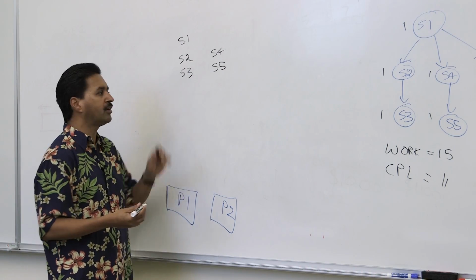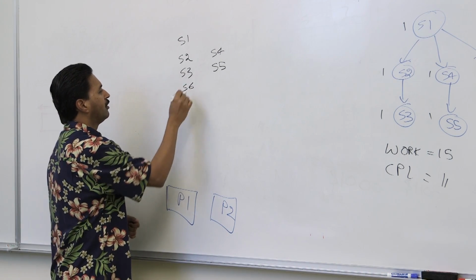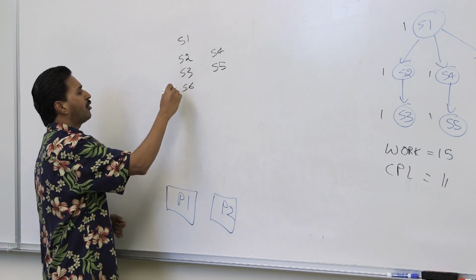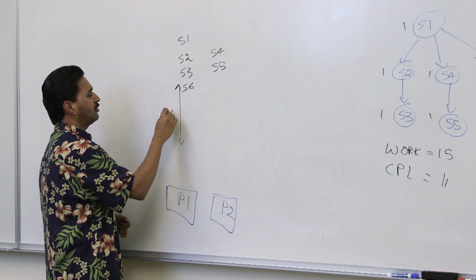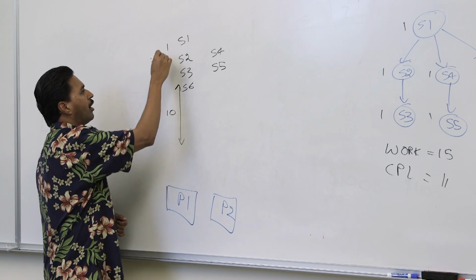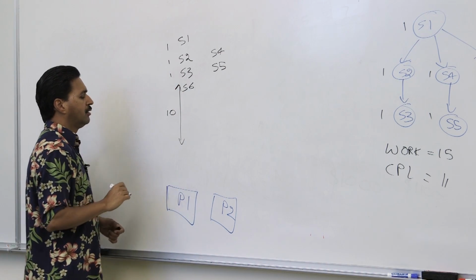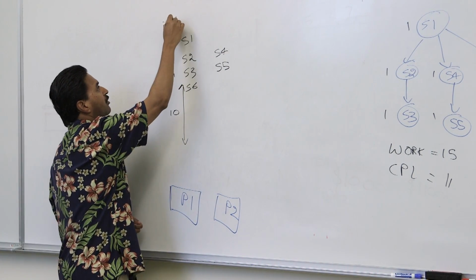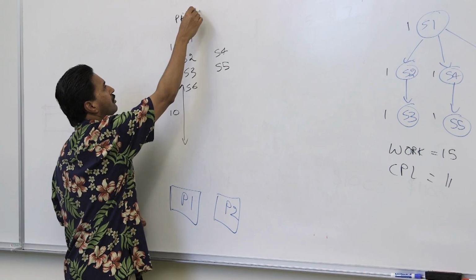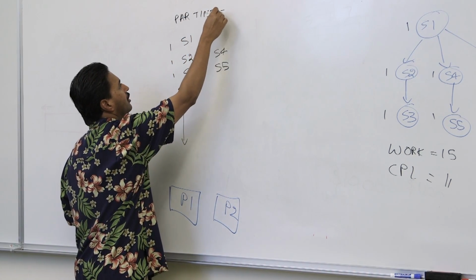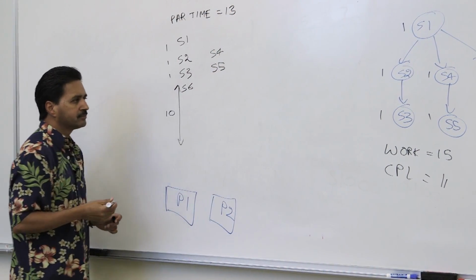It doesn't matter which one does it, let's say 1 does it. And the total time required over here, because S6 takes 10 units and you have 1, 1, 1, the parallel time for this schedule is 13 units.